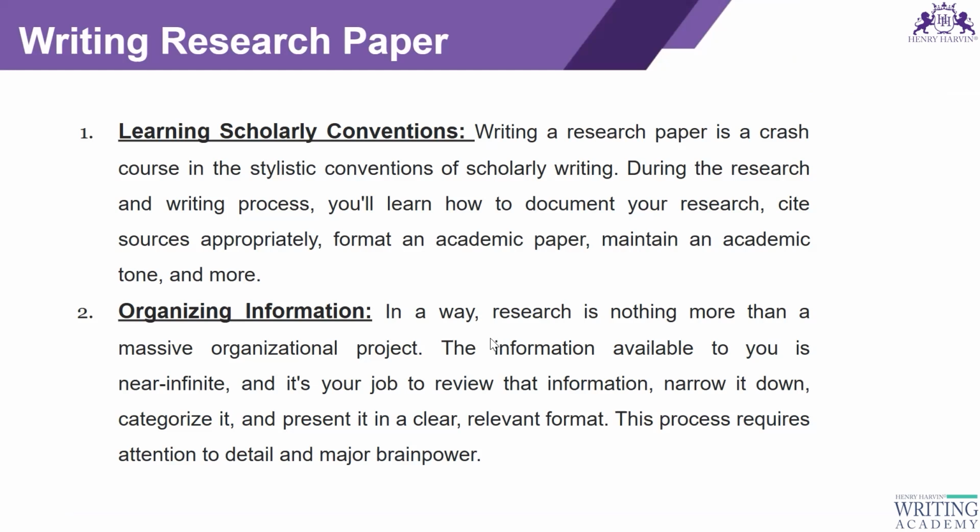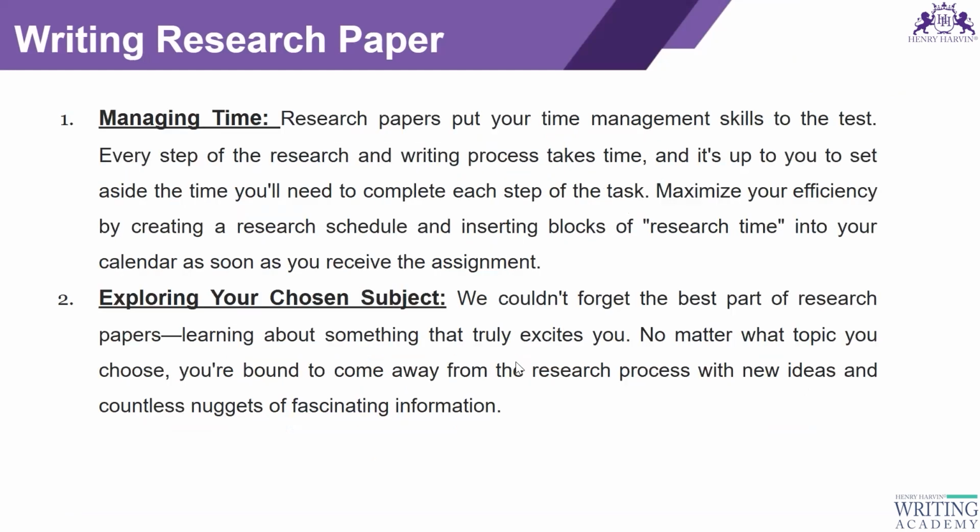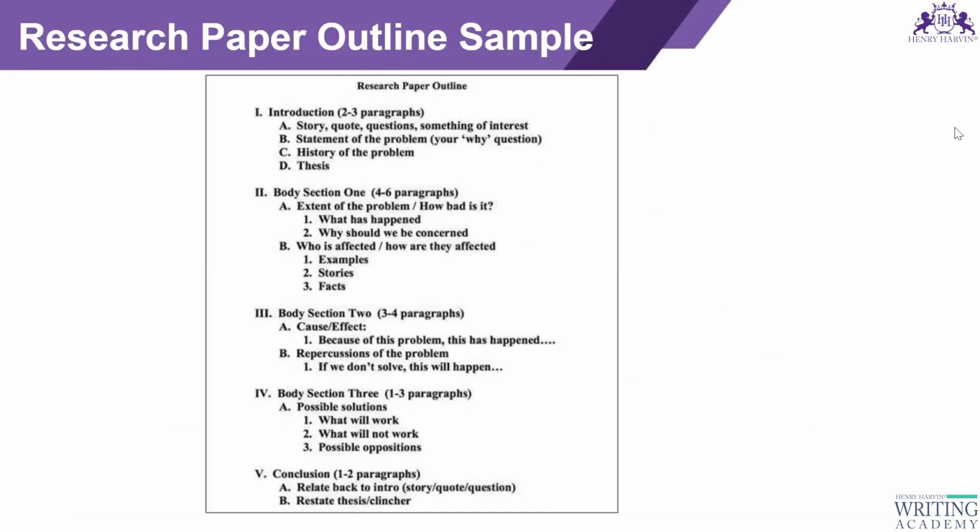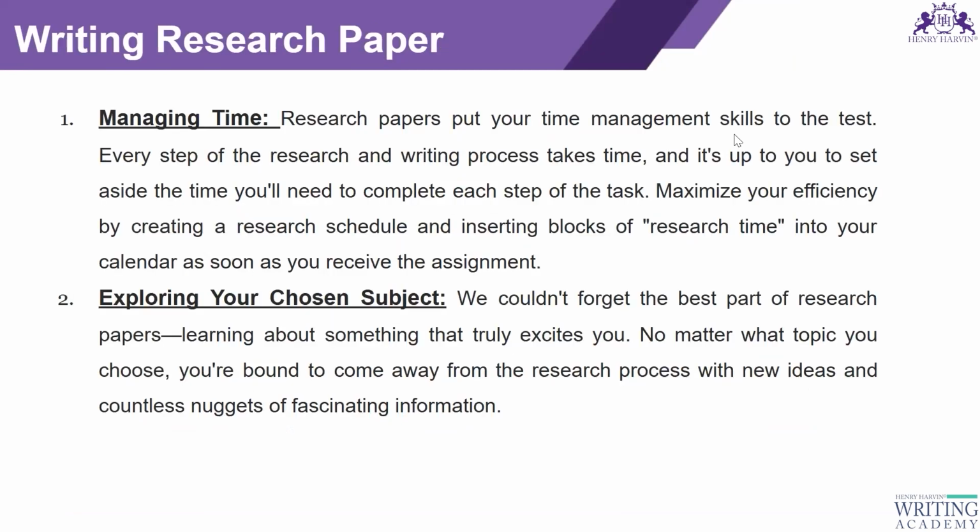Organizing information. Basically there is a very simple flow to organize the information. You begin with introduction, then after the introduction, the body can be in many paragraphs, depends on the length of the research paper, and after that the conclusion and citation. Then the major part of research paper is managing time.